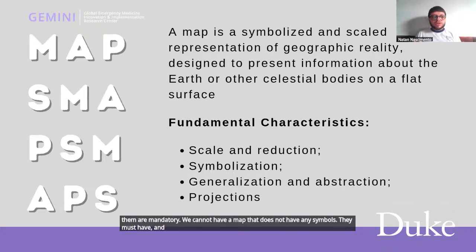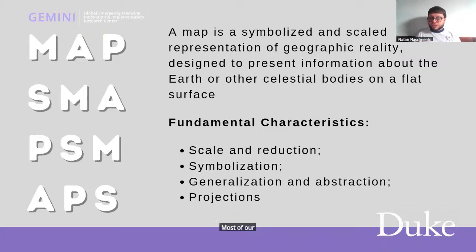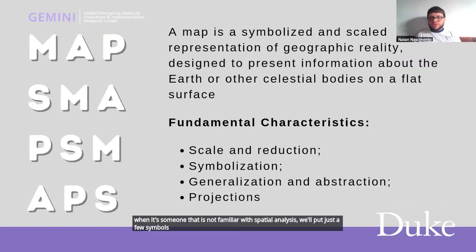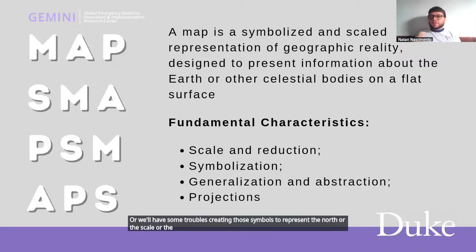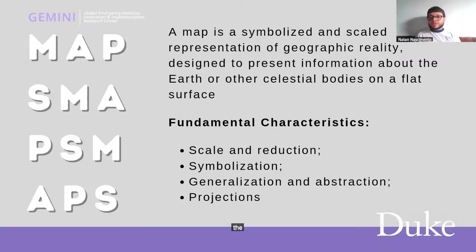And this is important because in most of our work when we're doing spatial analysis in public health, someone that is not familiar with spatial analysis will put just a few symbols and forget the essential ones, or put them in a way that is not useful, or have some trouble creating those symbols to represent the north or the scale or the magnetic north or even the grading system. So there are a lot of symbols that we'll learn that are essential to any map.